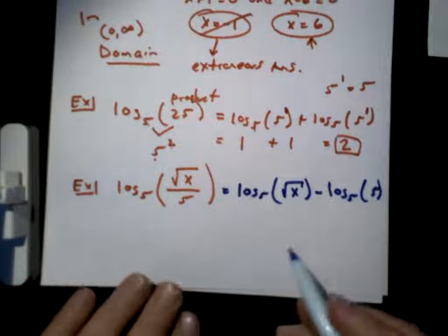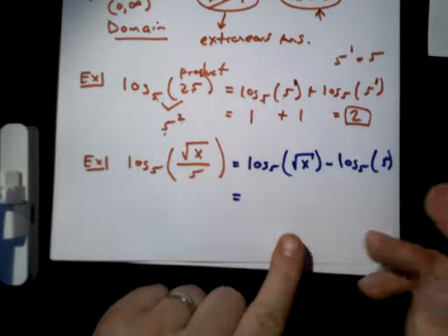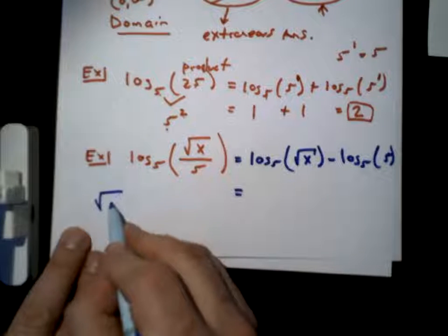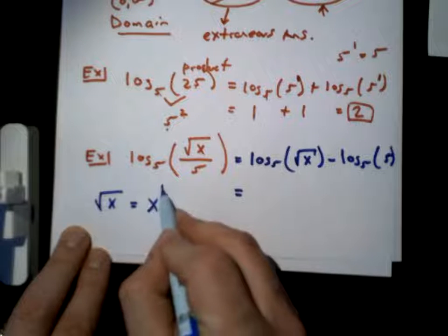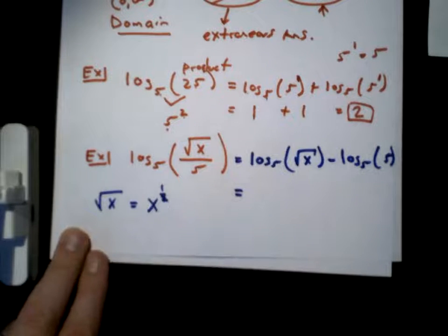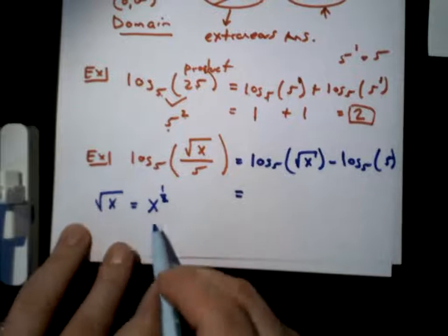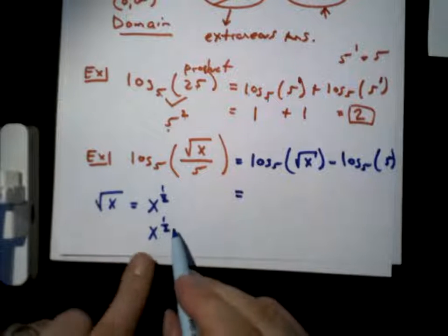Now, what do we do? Okay, here's the plan. This part right here needs to be rewritten because I don't know that the square root of x is, remember, x to the 1/2. So I don't know if you know that square root of x is actually x to the 1/2. Well, that's a power.